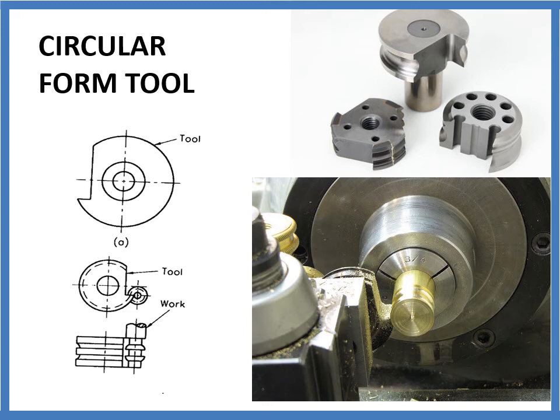And the circular form tools are attached to the slides of the lathe machine, which has a circular shape, and it has a depth X or a projection X produced all around the diameter in the form of annular grooves. The outside diameter of the circular form tool is determined in accordance with the height of the profile to be turned.